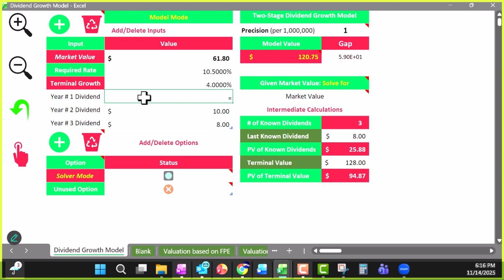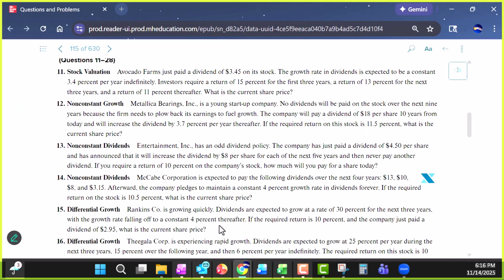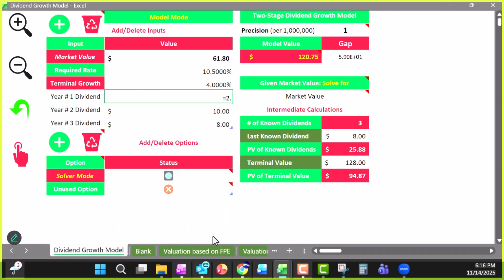Well, year one dividend is 295 times 1 plus 30%. Year two dividend is year one dividend times 1 plus 30%. Year three dividend is year two dividend times 1 plus 30%.